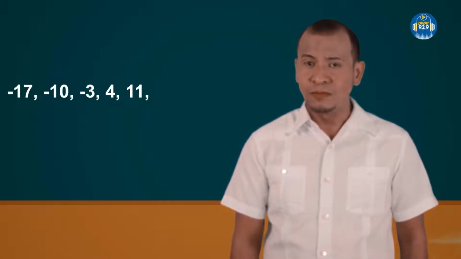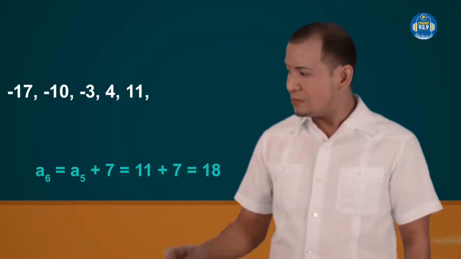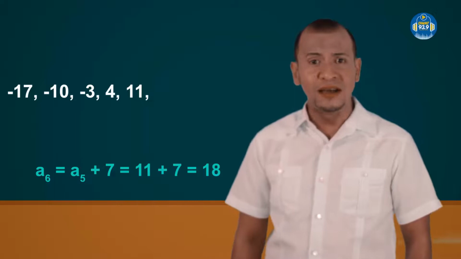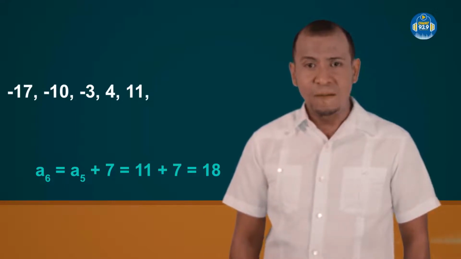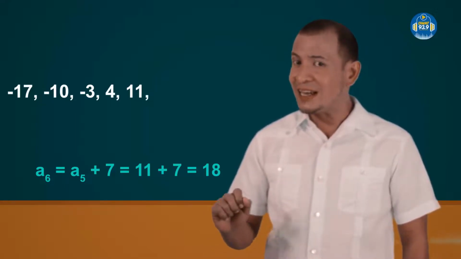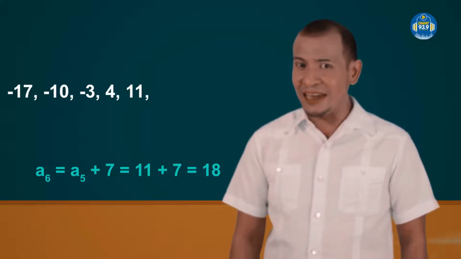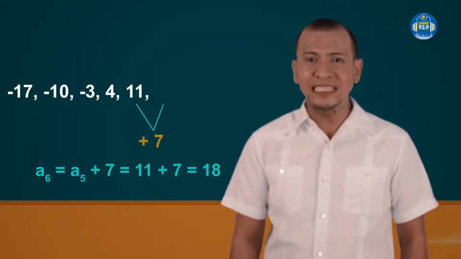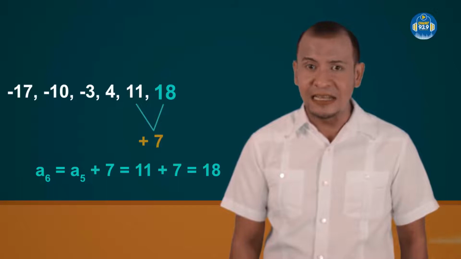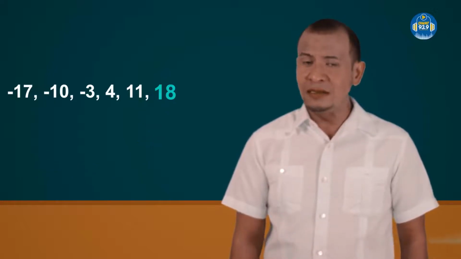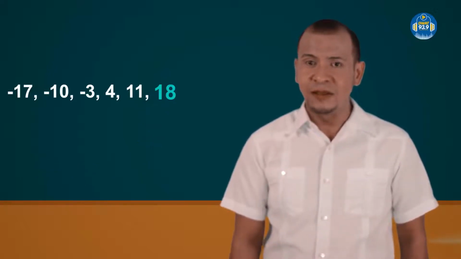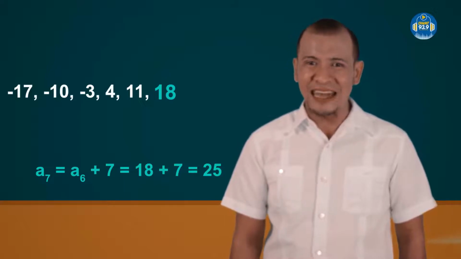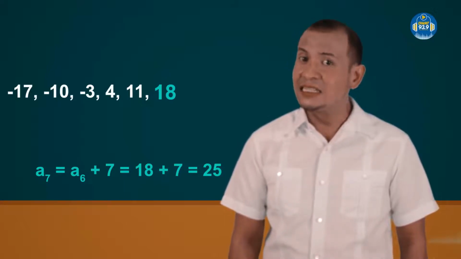So that, for us to get the sixth term, we have a sub 5 plus D, which is 7. So that is 11 plus 7, and that is 18. Continuing to get a sub 7, we have a sub 6, and adding D, 7.